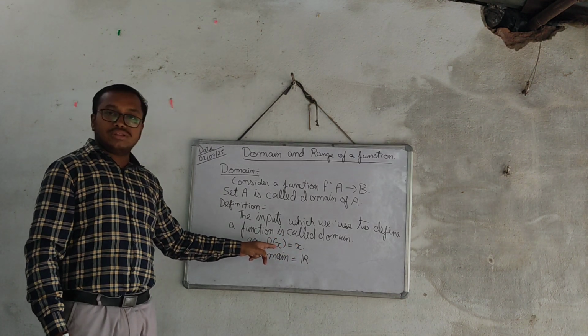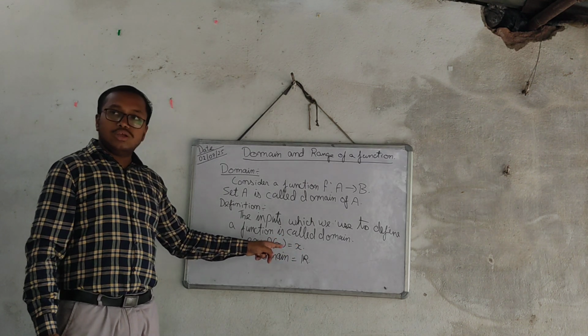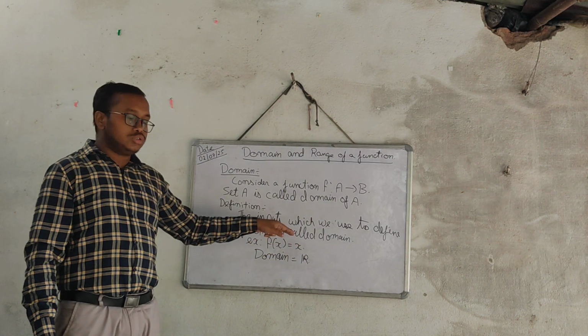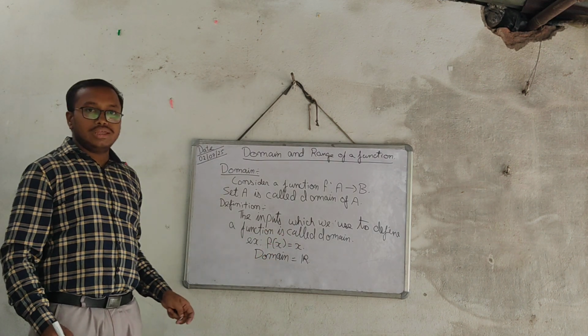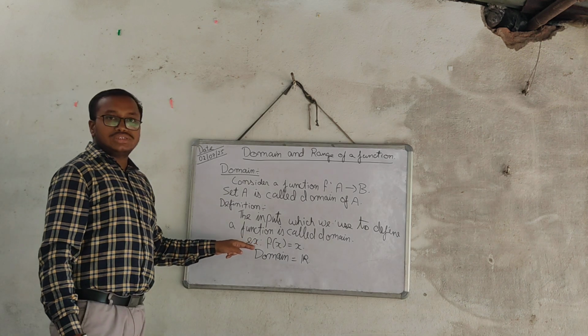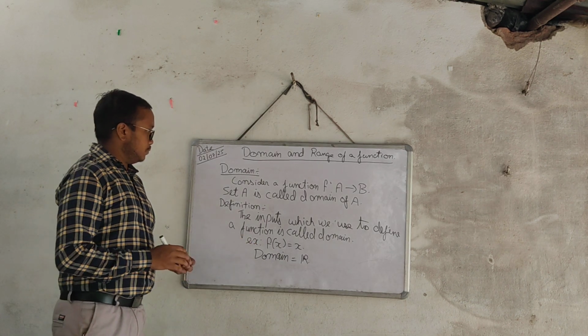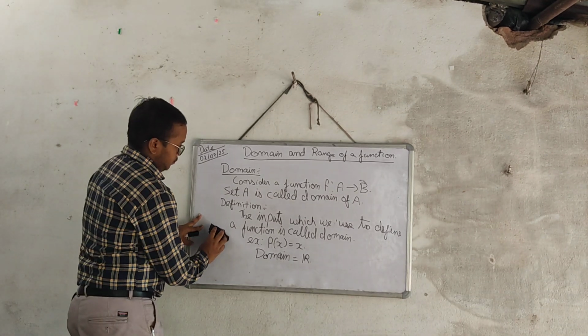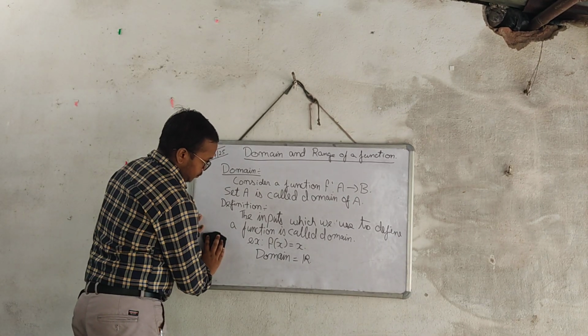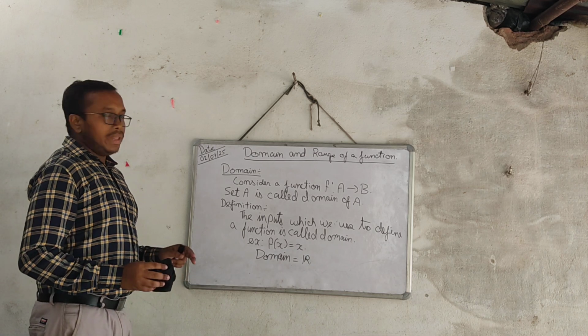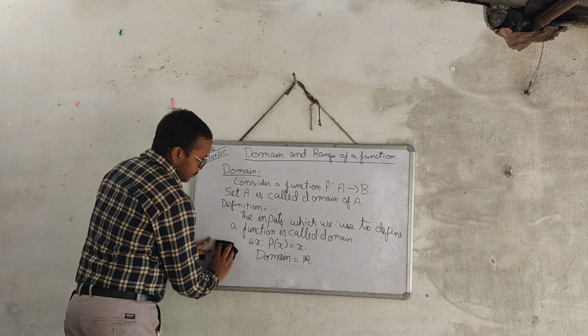If we take x as 1, f(1) is 1, and f(2) is 2, and so on. So the domain of this function is the set of all real numbers. Now we will do some examples on domain.